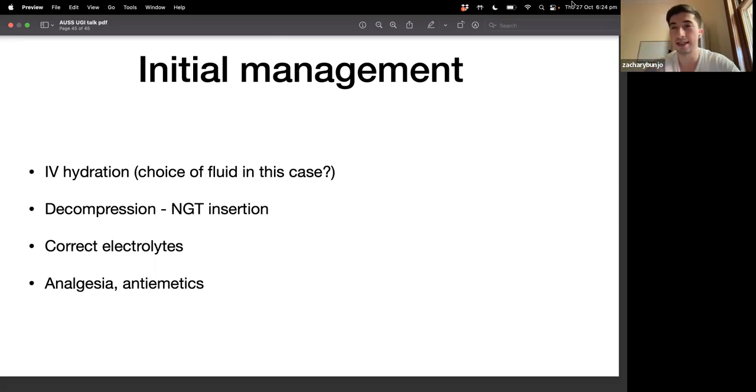It's not going to give you all the answers that you need, but you're going to see dilated loops of small bowel and large bowel. So it's great for obstruction, and also an erect chest X-ray is useful if they're in quite significant pain, because you'll see pneumoperitoneum. Nothing that you can really hang your hat on, nowhere near as reliable as the CT, but it's just a good answer to give off the cuff for an OSCE.